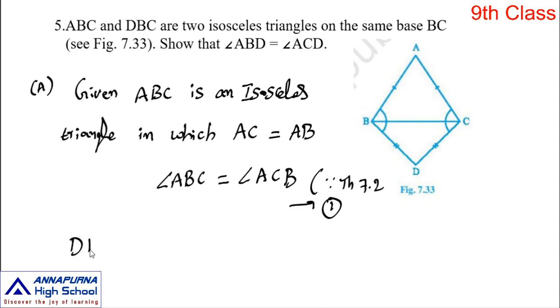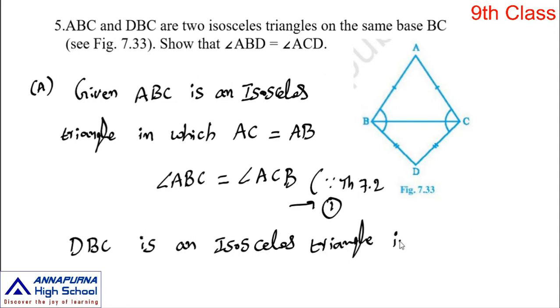Next, DBC is an isosceles triangle in which DC is equal to BD.